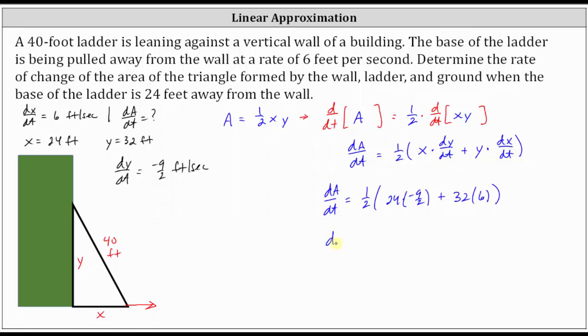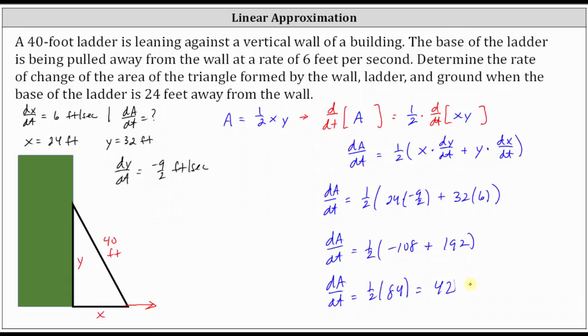Simplifying, we have dA/dt equals 1/2 times the quantity negative 108 plus 192, which gives us dA/dt equals 1/2 times 84, which is equal to 42. And again, this is measuring the change in the area with respect to time in seconds.